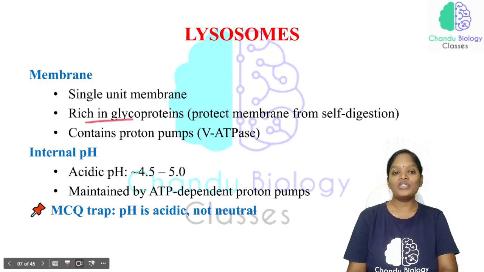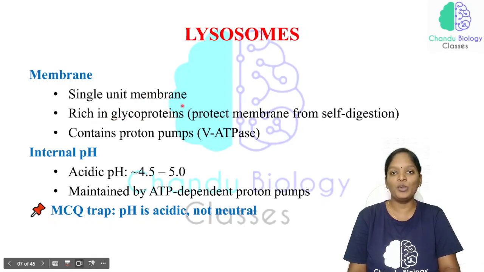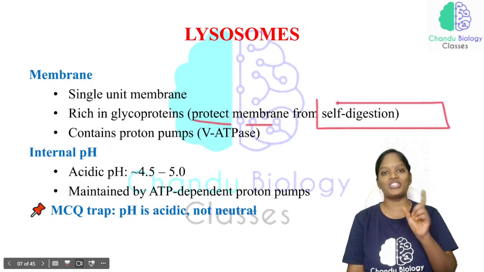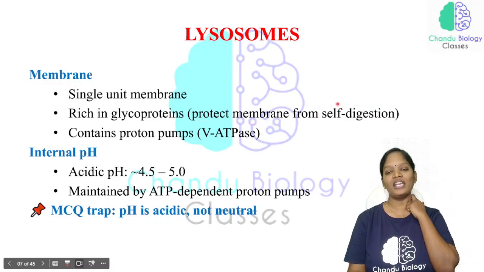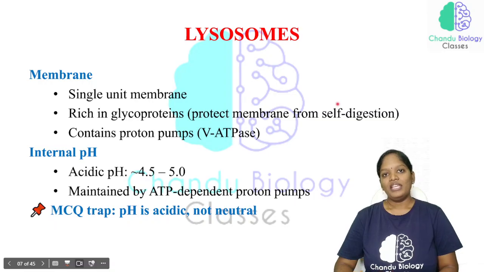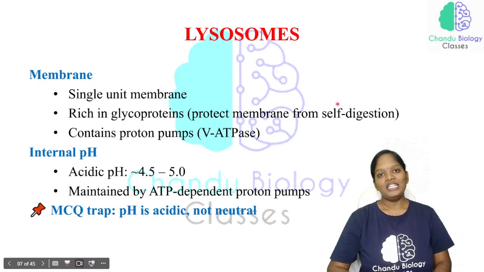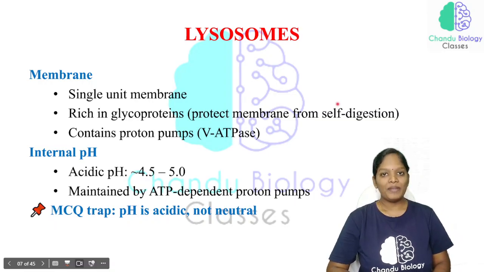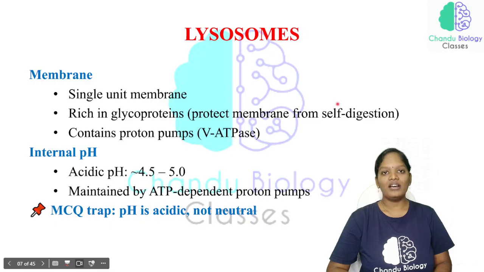Okay, and it is rich in glycoproteins. Carbohydrate which is associated with protein, that is what the name glycoprotein means. This glycoprotein protects the membrane from self digestion. So here comes a question. The enzymes present in the lysosome have the capacity to lyse proteins or carbohydrates and whatever it may be.